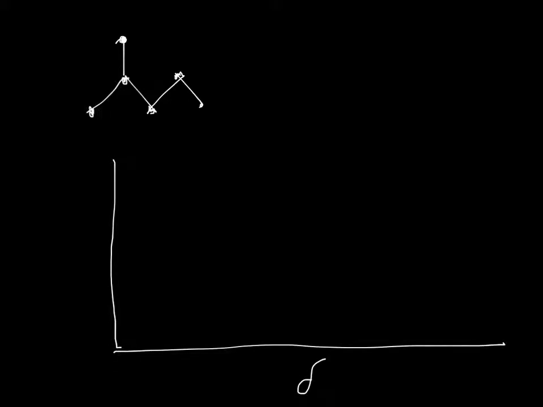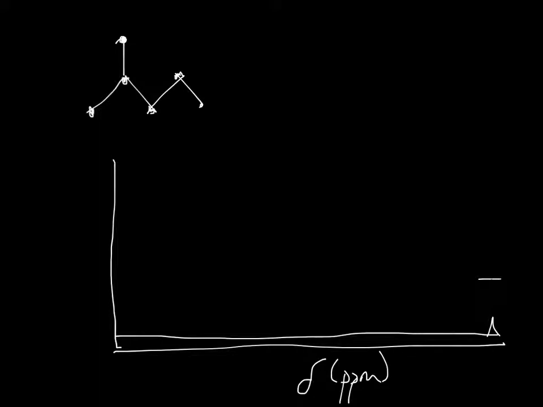So once again, it's a delta, ppm are the units. We'll put in 0, there's the TMS, for 0 to 10. This is a proton NMR. It is going to be coupled. Okay. Now I'm going to give you guys at least 2 or 3 minutes to get started.